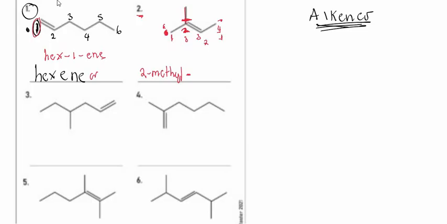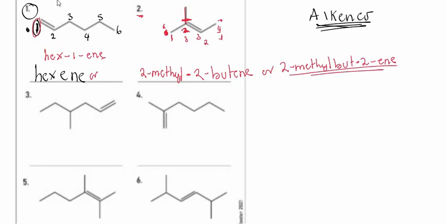The double bond is again on 2. So you have to say this is 2. Count everything together. That is it. Butene. Or you can say 2-methyl, then but, then 2-ene. That's what it means there.